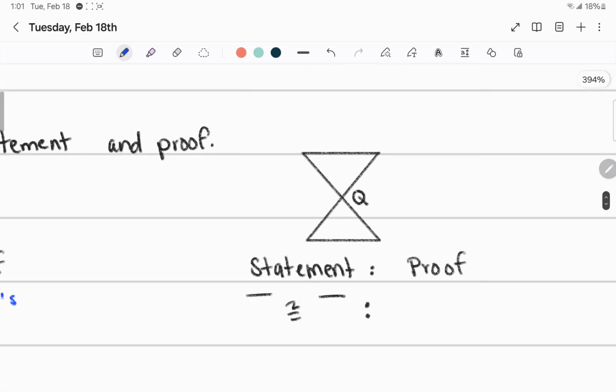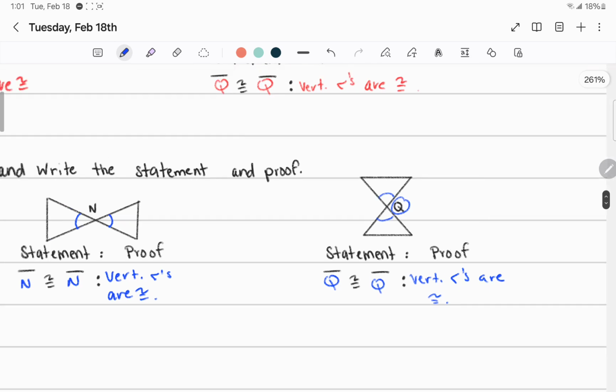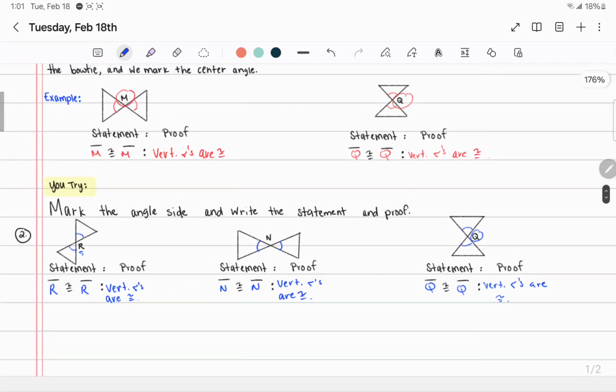Last one, bow tie again. Mark it, Q, vert angles are congruent. Okay, that's it, guys. That's it. Super simple, not that hard.